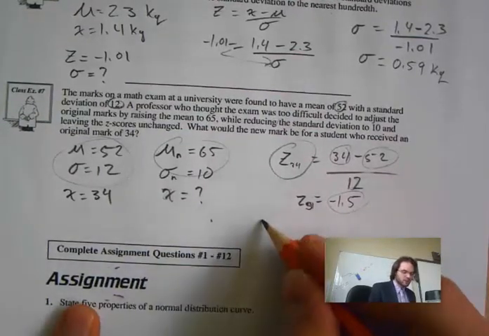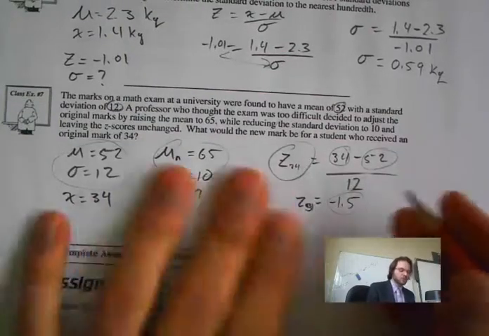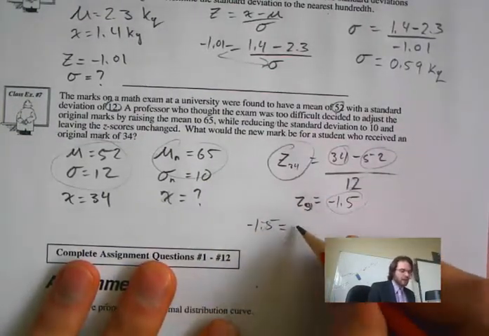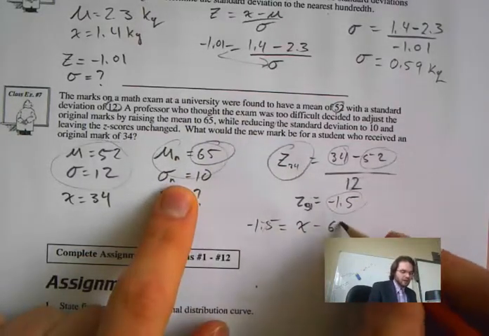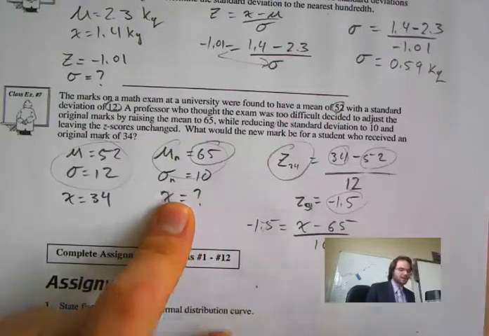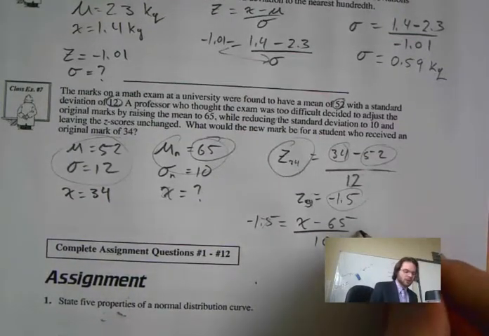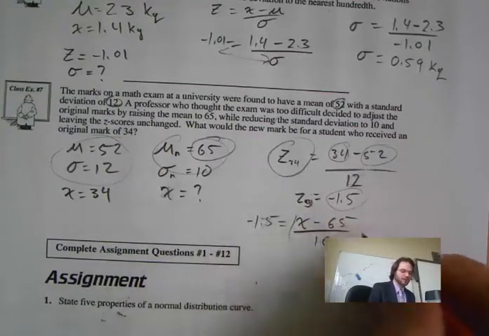The Z-score is negative 1.5, which is equal to x subtract the new mean 65, over my standard deviation of 10. You can't really change the Z-score because that's how far you are from the mean, the average. Now we have to isolate for x, so I'm going to multiply both sides by 10.